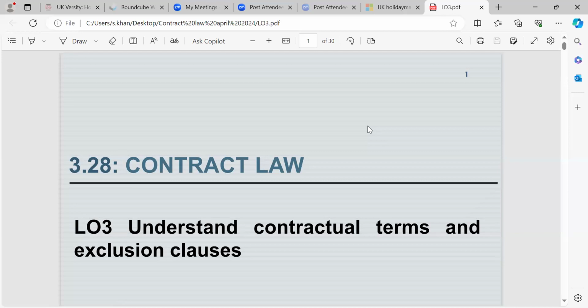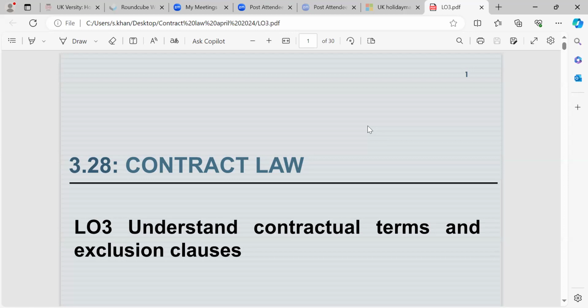Again, we looked at consideration must be sufficient. We looked at the case of Thomas and Thomas, 1842, in regards to consideration, and Chappell and Nestle, 1960. We also looked at the leading case of White and Bluett, 1853. We then went on to look at how consideration must be sufficient, and the famous case of Combe and Combe, 1951.